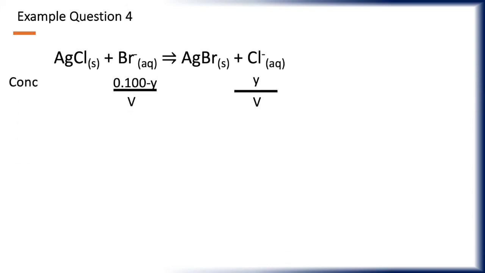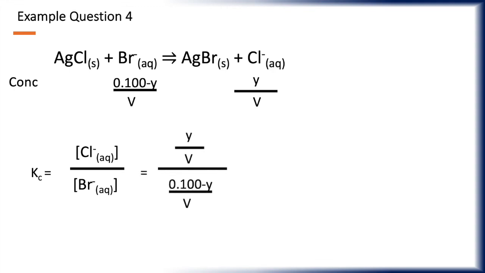So it's slightly more confusing than the previous examples, but they have given us Kc. So let's pop in our Kc like so, and we pop in the values of Cl minus and Br minus.